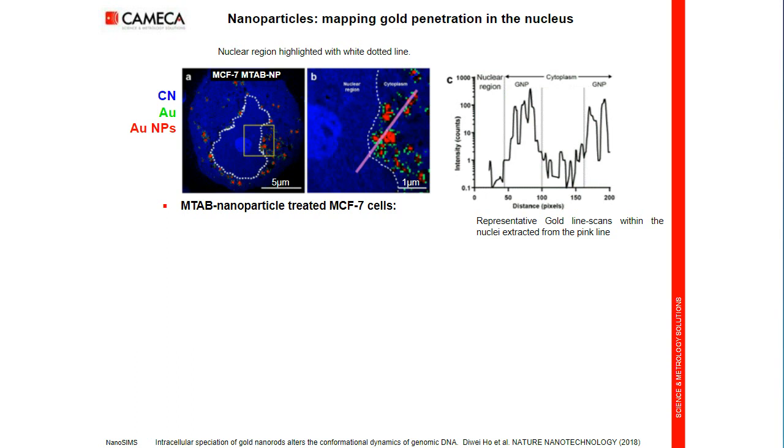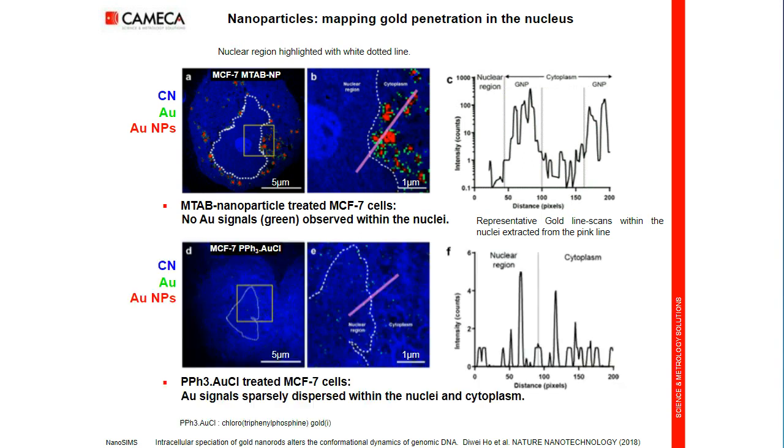If you extract a line scan from the pink line, you see on the right side, in a logarithmic scale, the concentration of gold, and the gold doesn't enter the nuclear region. So that's okay. Now the same mapping was done with a different gold-containing chemical treating the cells, and the result is a very faint gold signal.